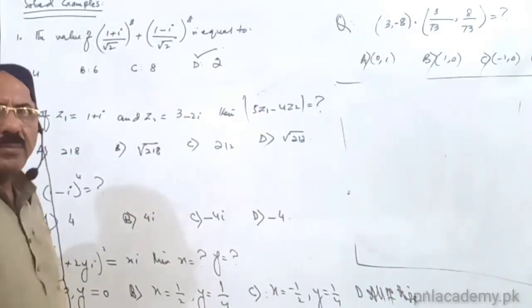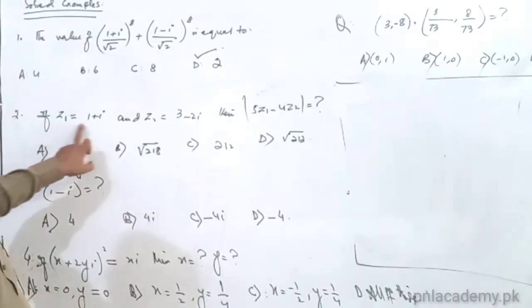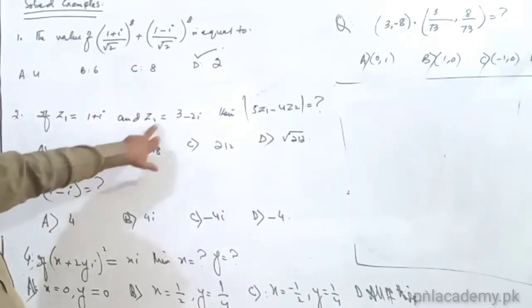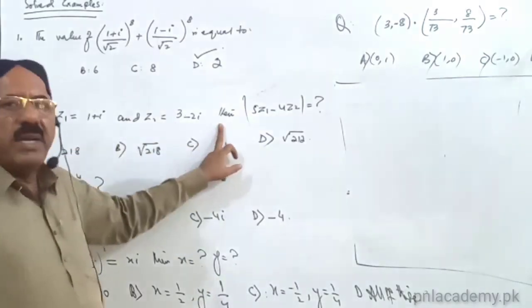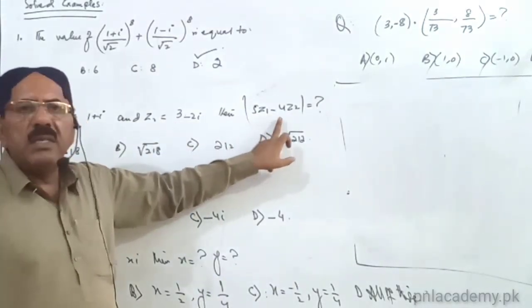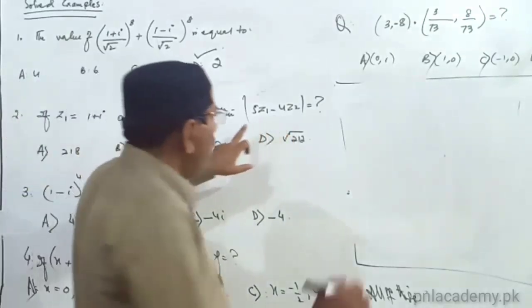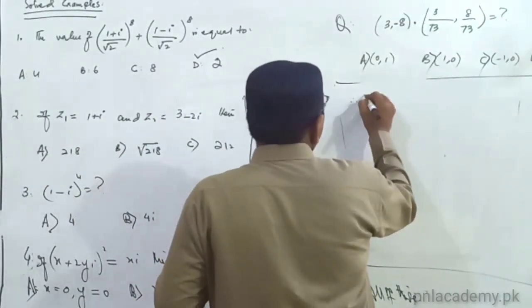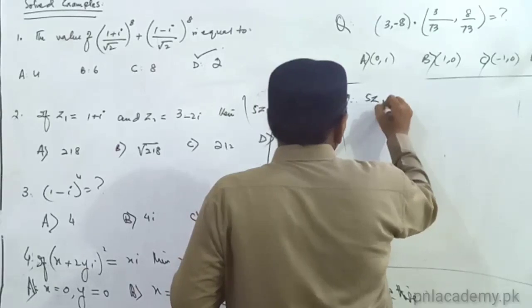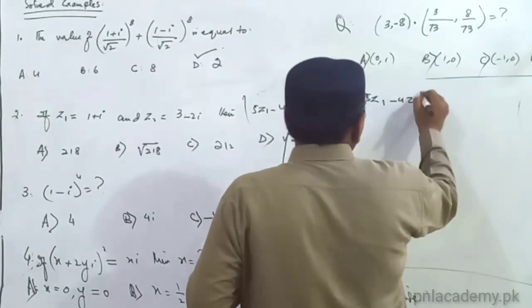Next question: if z1 is 1 plus iota and z2 is 3 minus 2 iota, then we have to find the value of the absolute value of 5z1 minus 4z2.